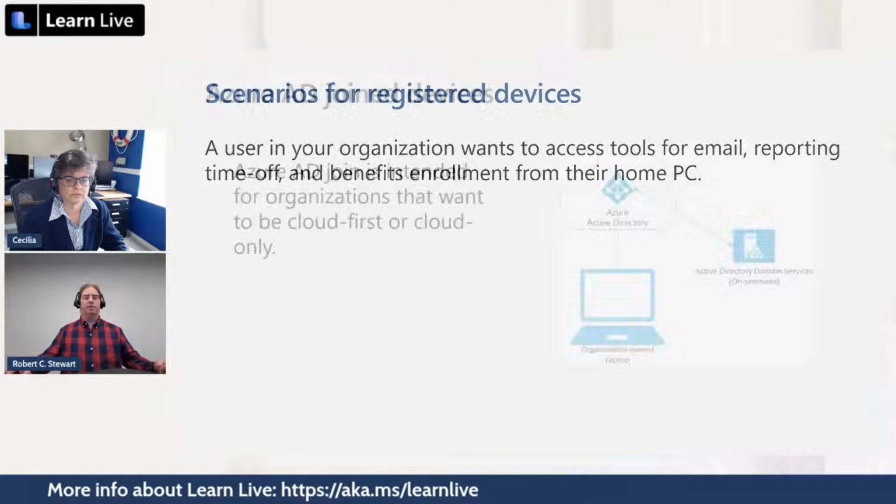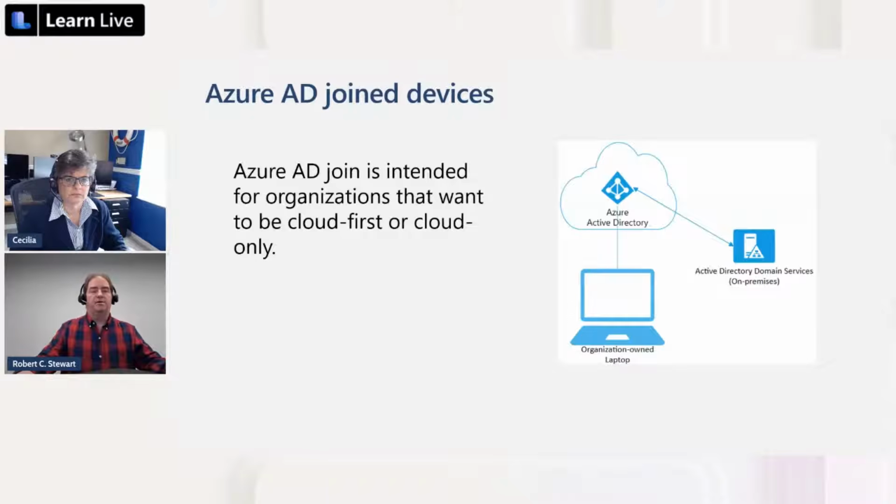The next scenario type of device is an Azure AD joined device. And that particular type of device is one where you've got a corporate device. Somebody is given a physical corporate device that they own.